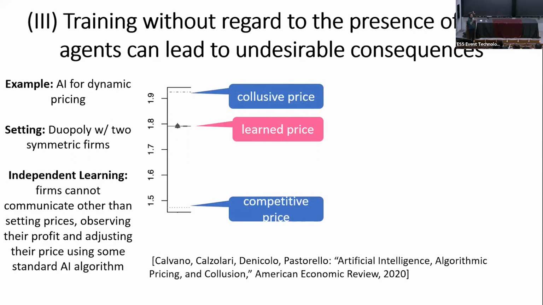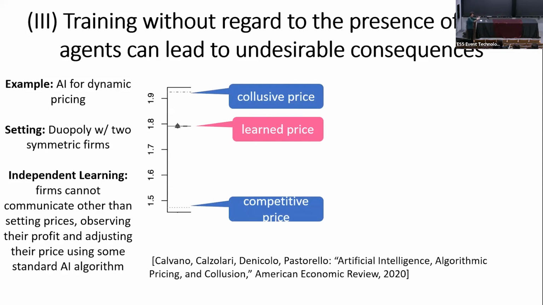So the RL agents are going to converge to some collusive behavior, which was not explicitly hardwired into the dynamics. These were just two firms looking at the history and trying to update their prices.